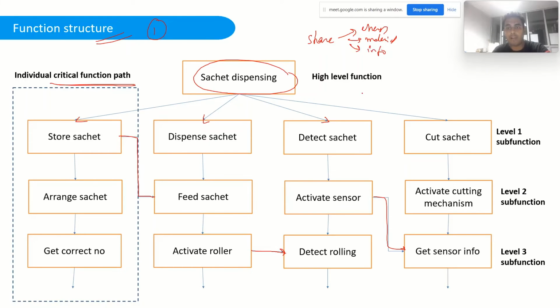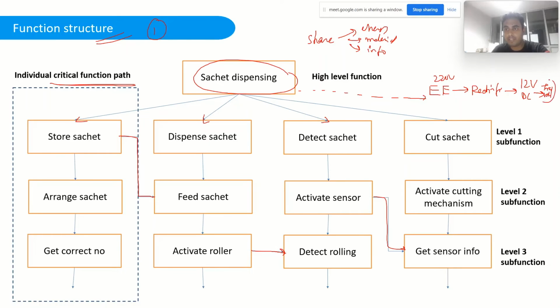Now one more critical functional part could be where electrical energy of 220 volt is converted through a rectifier into DC 12 volt, and then fed to transmit to various blocks.